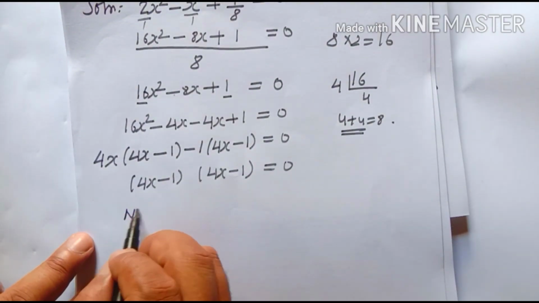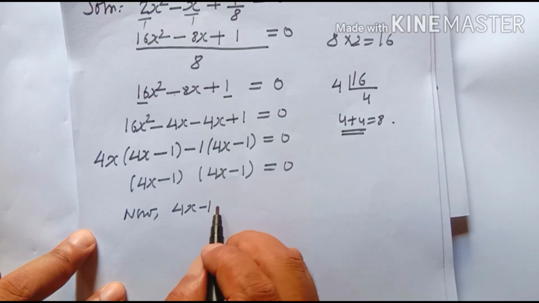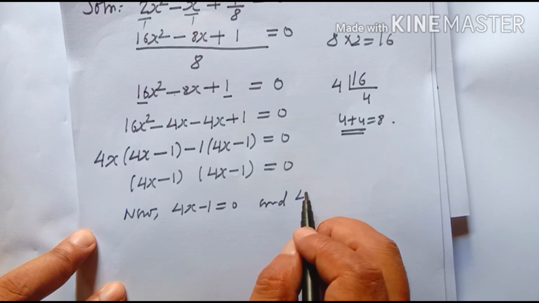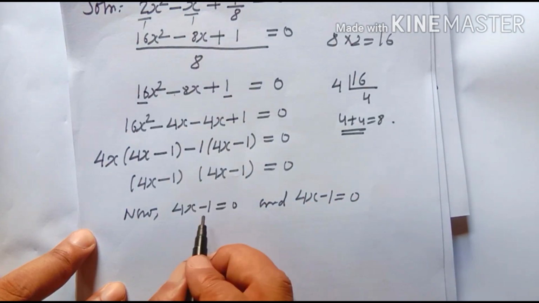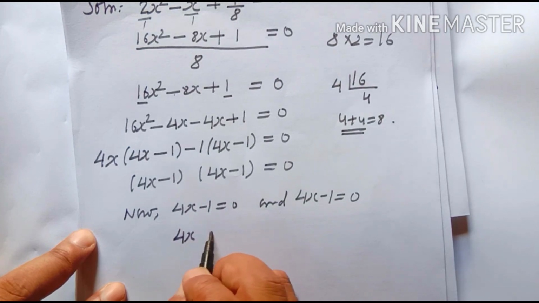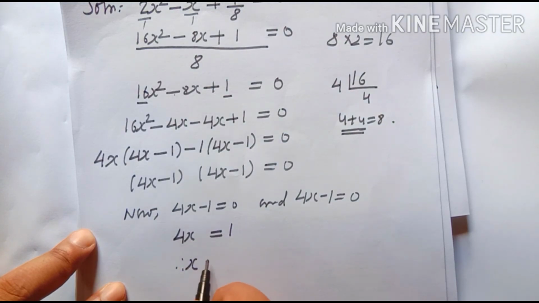Now 4x minus 1 equate with 0, and the second factor also 4x minus 1 equate with 0. Now take minus 1 from the left hand side to the right hand side. 4x equals minus 1 changed to plus, therefore x equals 1 by 4.